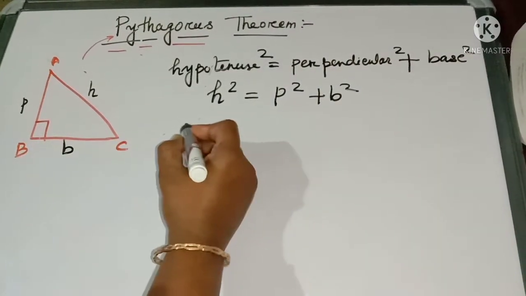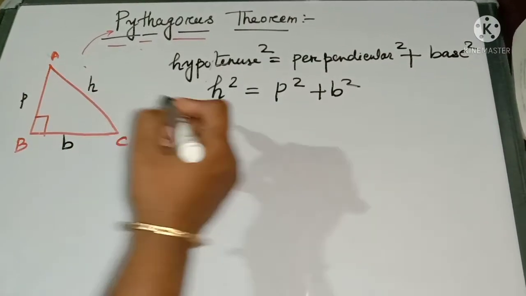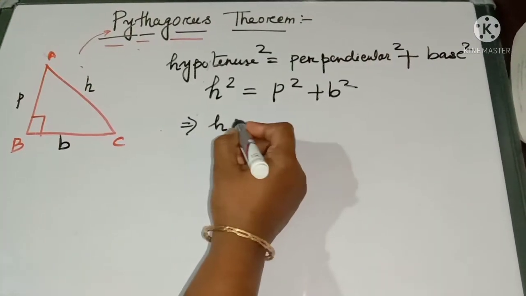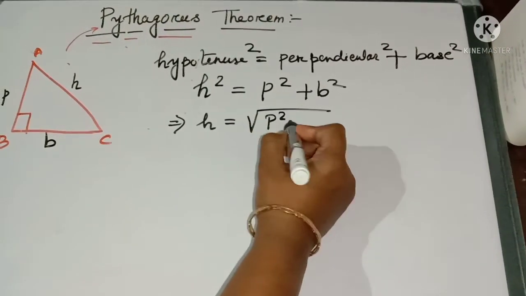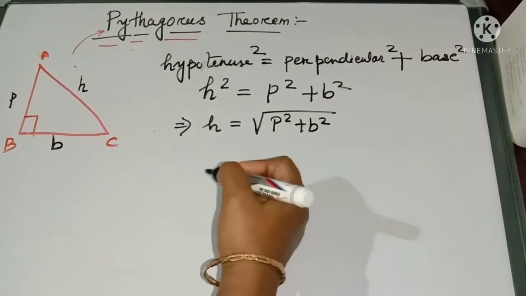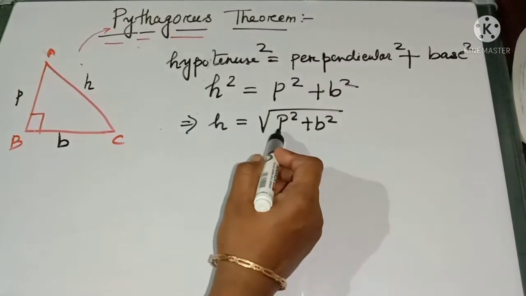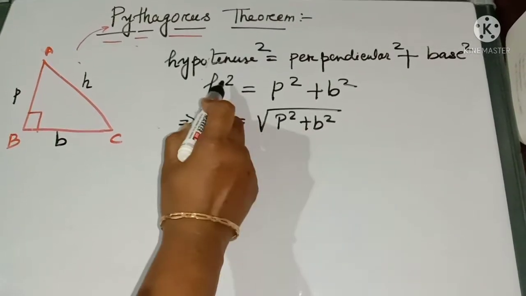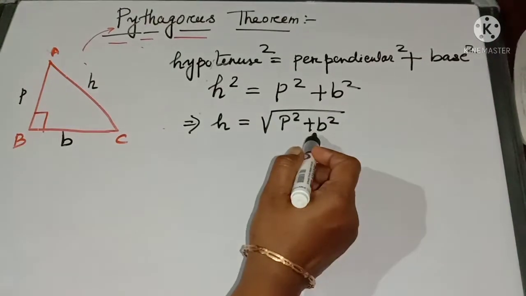Now, if your question is to calculate the hypotenuse, what is the length of AC? At that time you will write hypotenuse equal to root over of perpendicular square plus base square. Why? Because when the square goes to the right hand side, it becomes a root.